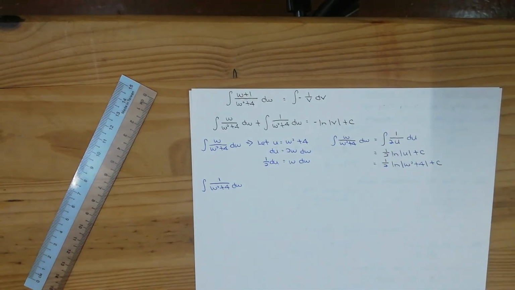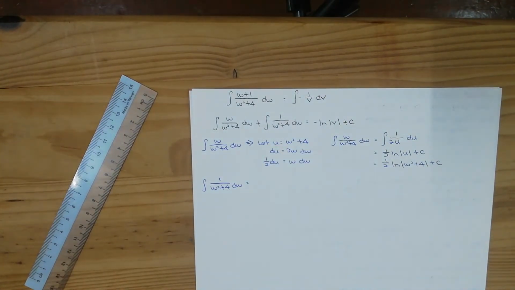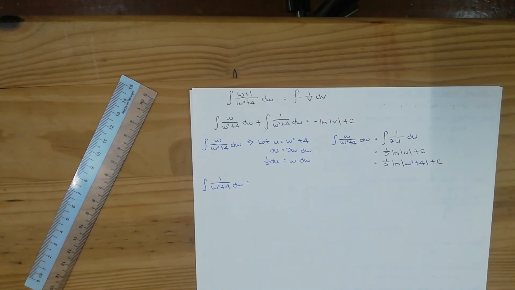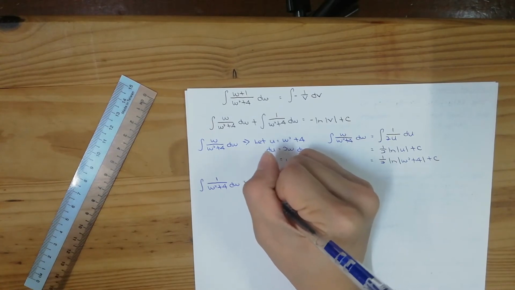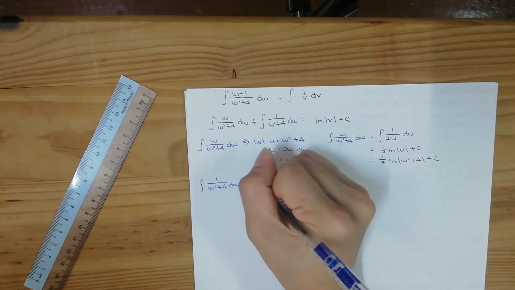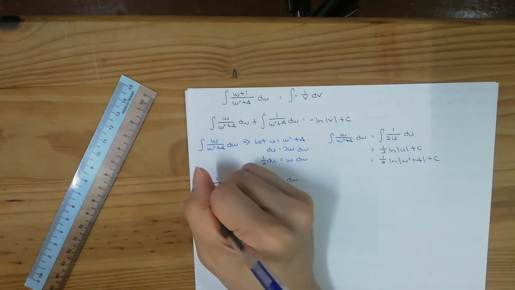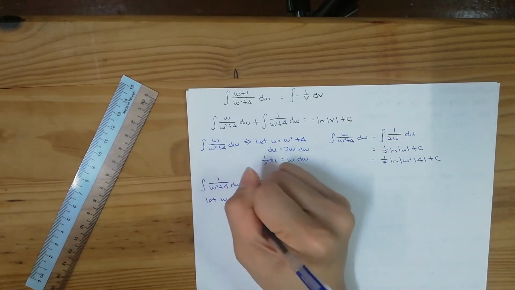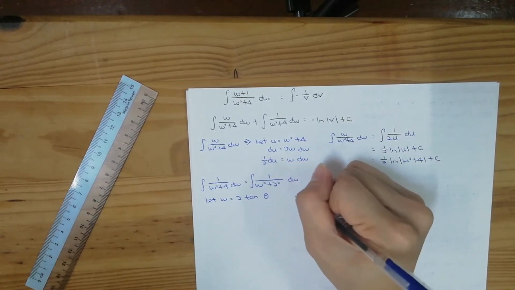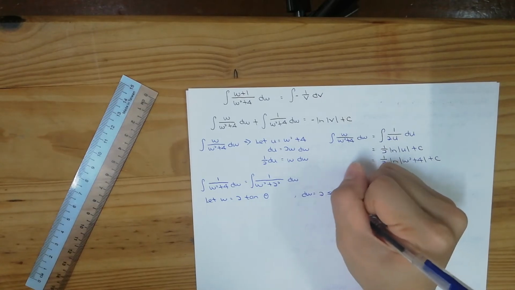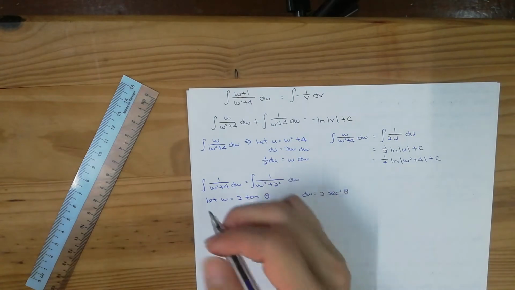So for this one, we can use the technique of integration which requires trigonometric substitution. So for this one, we can write it as w squared plus 2 squared. We let w equal to 2 tangent theta. So our dw is equal to 2 secant square theta d theta. So now we just have to substitute this inside.